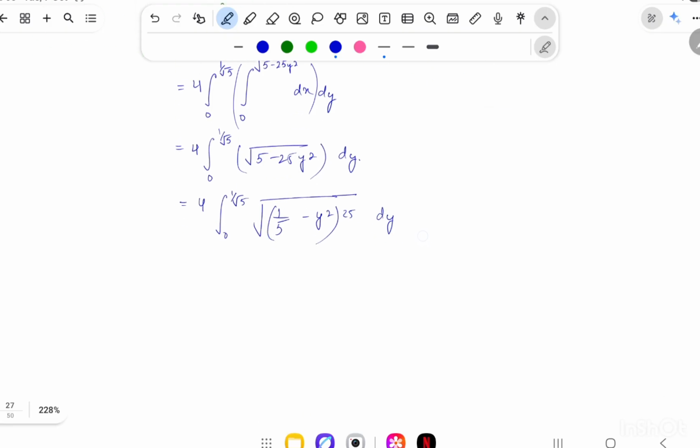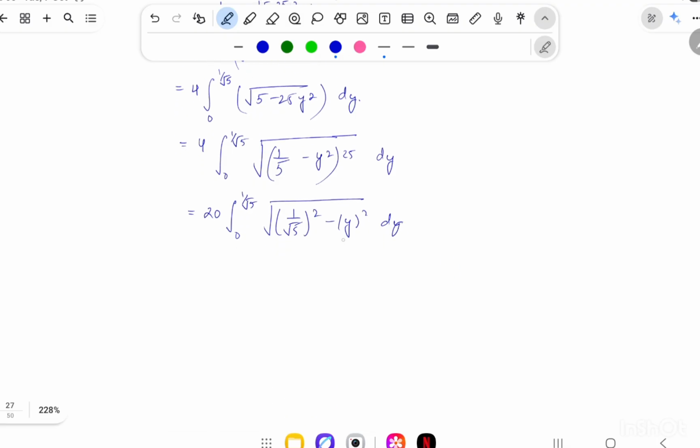Now if I pull the 25 out of the square root sign, I get 20 times the integral from 0 to 1 by root 5 of the square root of (1 by root 5) square minus y square dy.